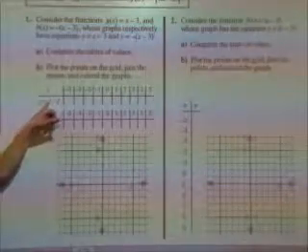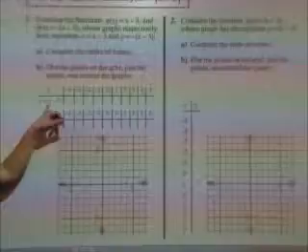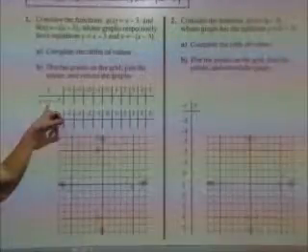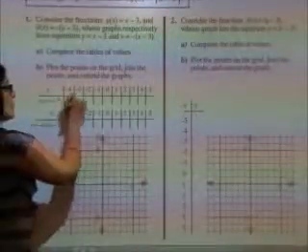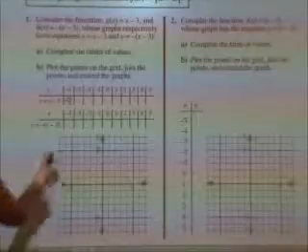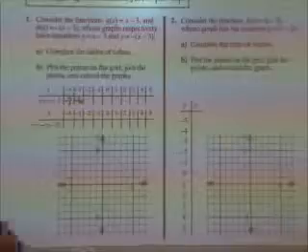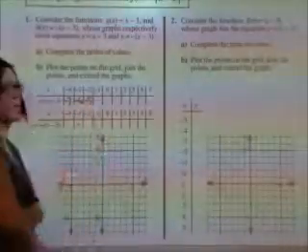If x equals negative 4, what's the value of y? Negative 7. Negative 4 minus 3. I substitute in negative 4 for x. So when x equals negative 3, what would y equal? And when x equals negative 2? Are we seeing a pattern? What's the pattern?